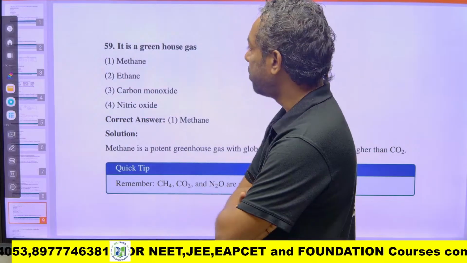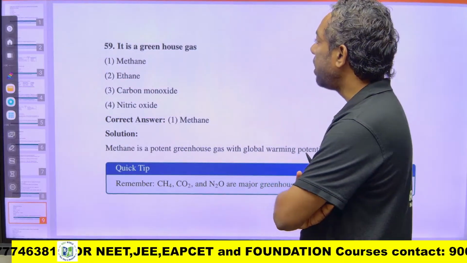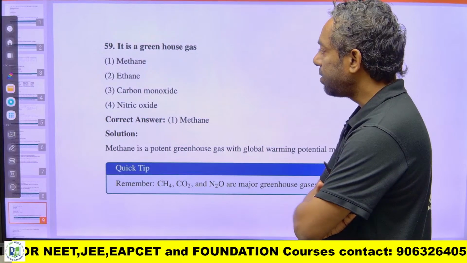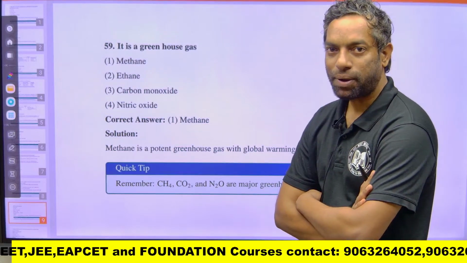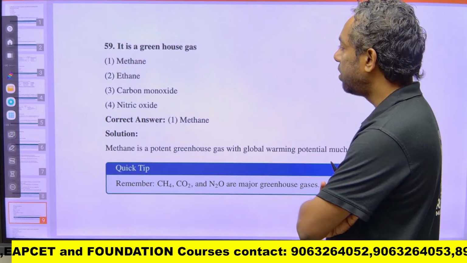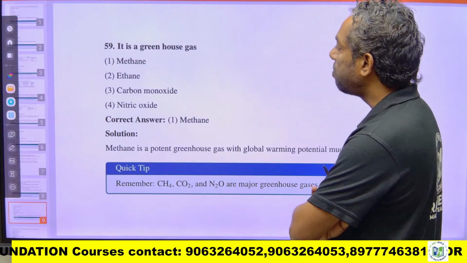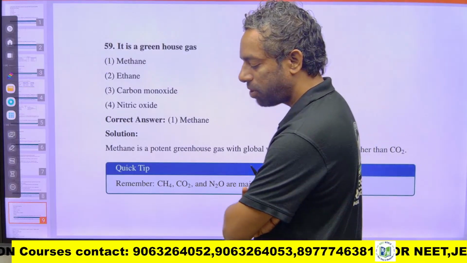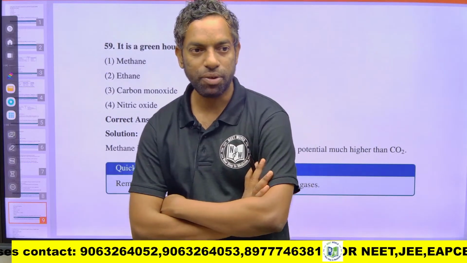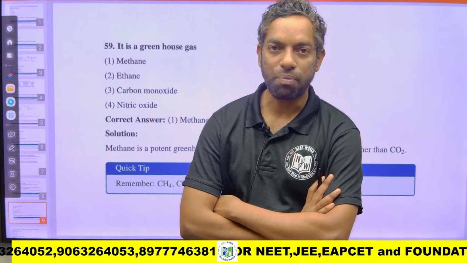So methane is primarily a greenhouse gas, ethane is not at all. Ethane does not pollute or affect the greenhouse. Carbon monoxide is delivered from motor vehicles, incomplete combustion of the fuel leads to the release of carbon monoxide.